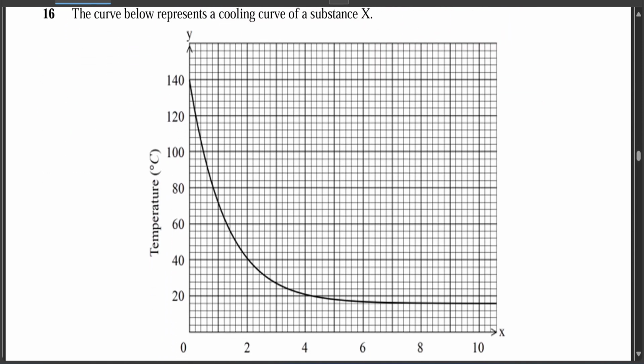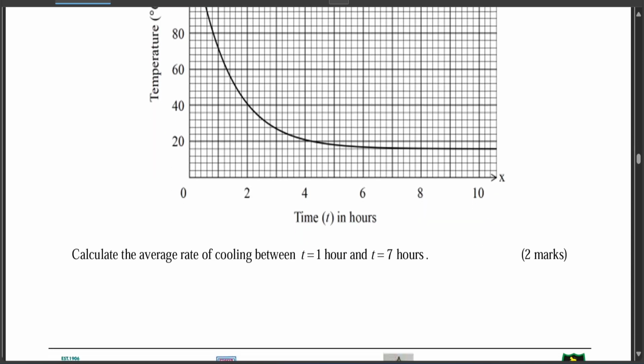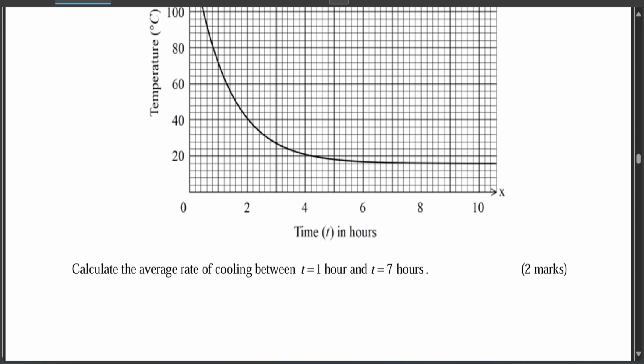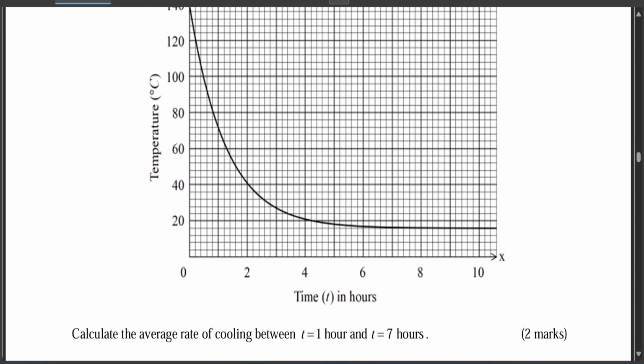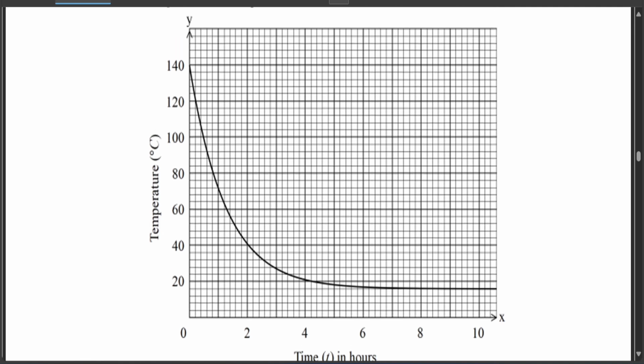Question 16, the curve below represents a cooling curve of a substance X, which you've seen here. Calculate the average rate of cooling between T equal to 1 and T equal to 7. So T equal to 1. Where is our 1? Our 1 is most probably here. So let's just draw a line.